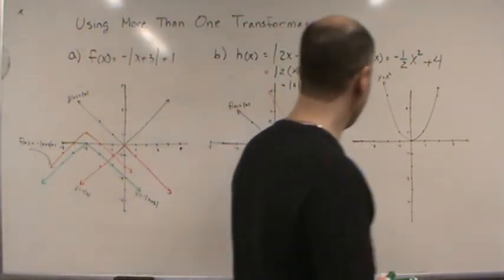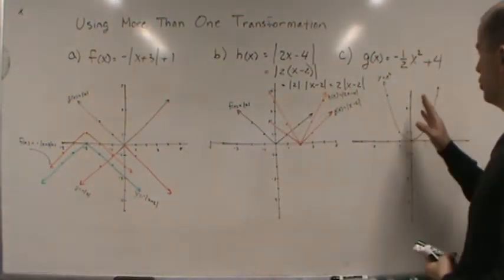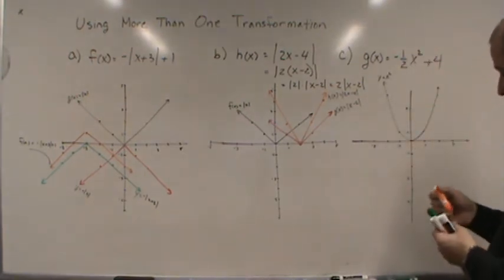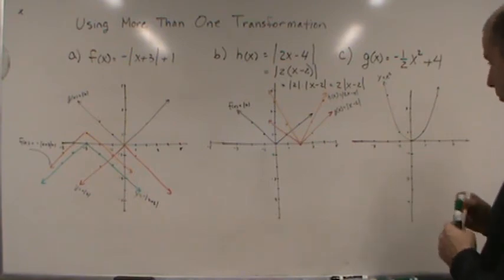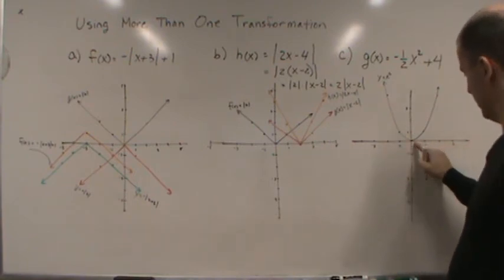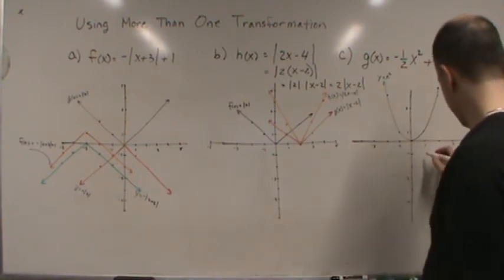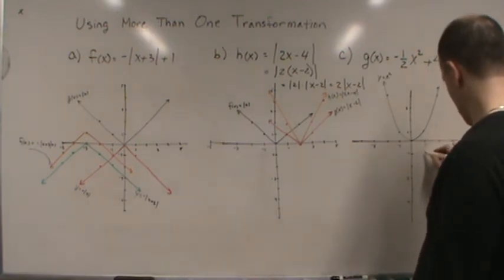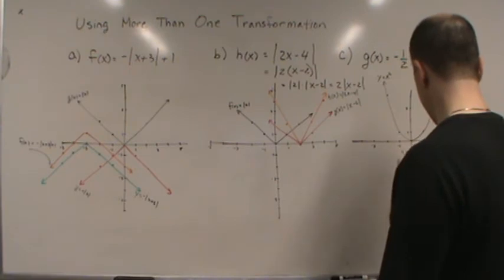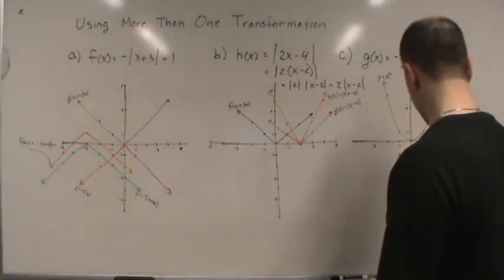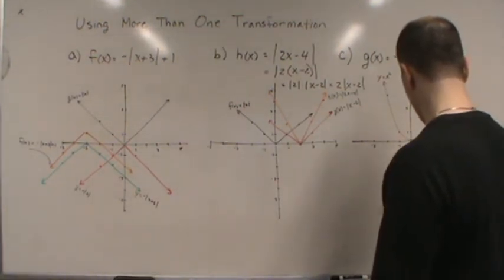So again, let's see how we're going to do this. So I'm going to do the reflection first. Right? So that's going to be the easier one, I think, to do. So let's reflect. So that means this is going to stay there. The 1, 1 is going to reflect down to 1, -1. And the -1, 1 is going to reflect down to -1, -1.